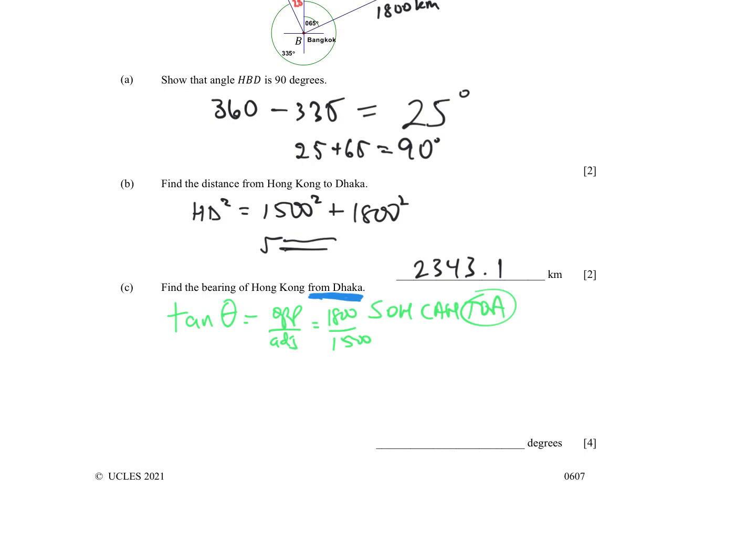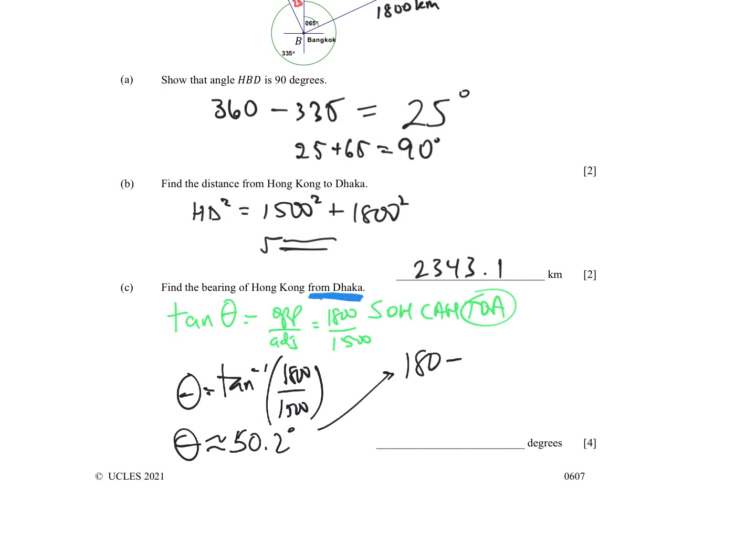I'm going to do tangent inverse of 1800 over 1500 equals theta. Theta ends up being 50.2 degrees. And then ultimately what I need to do is take 180 minus the 50.2 minus the 25.